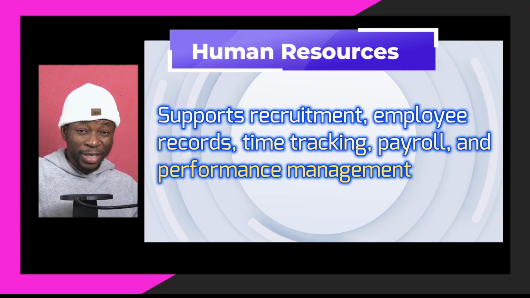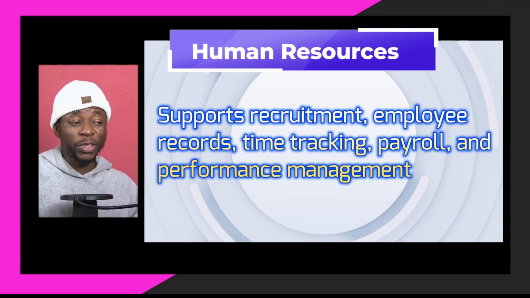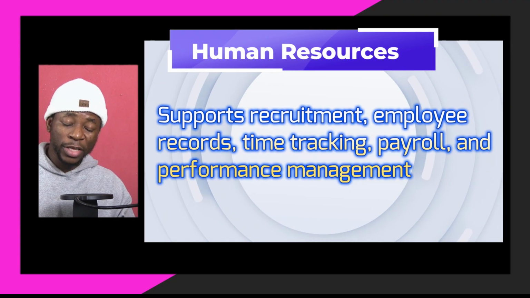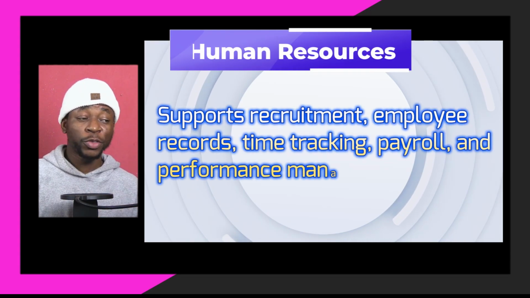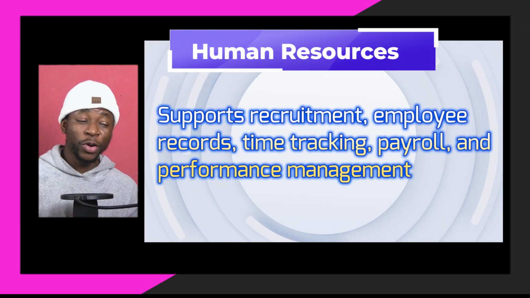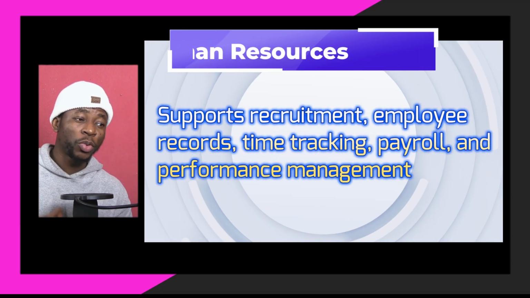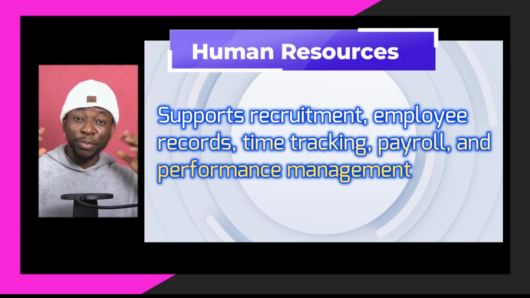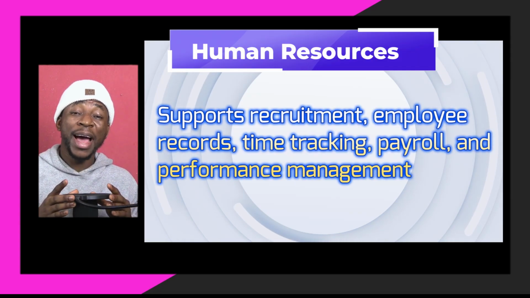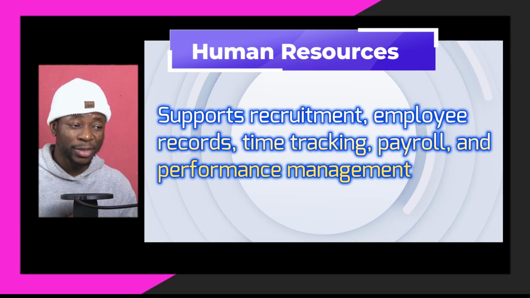You have seen job adverts for HCM consultant. The SAP ERP human resources system supports recruitment, employee records, time tracking, payroll, and performance management. This helps in maintaining the employee life cycle data and the HR analysis.